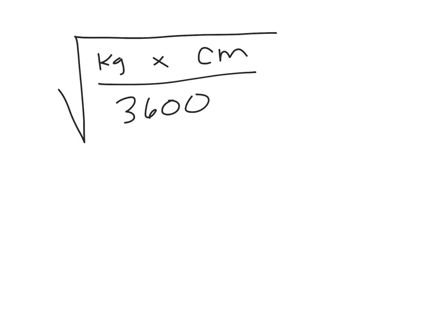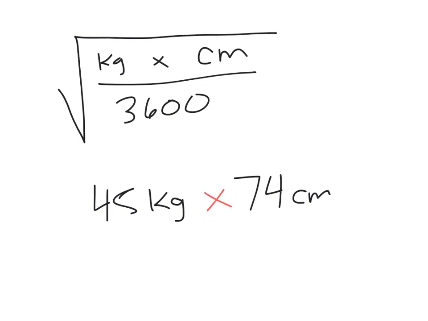So if, say, we have a patient who is 45 kilograms and, let's say, 74 centimeters tall, then what we're going to do is multiply those two numbers. So 45 times 74 gives us 3,330. Divide that by 3,600, gives us 0.925. Then your calculator should have a square root function, so you just take the square root of that.